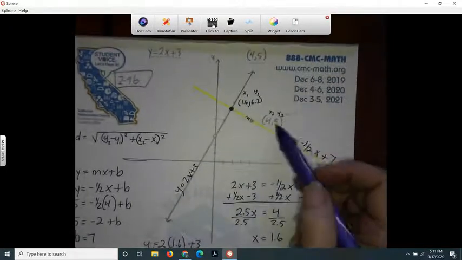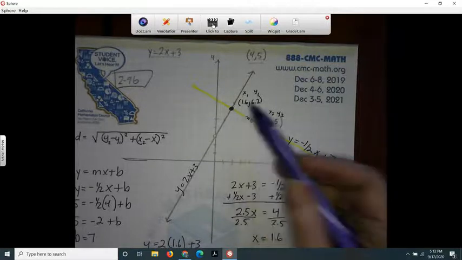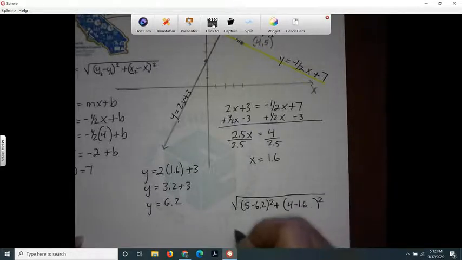So x2 is 4, and x1 is 1.6. And then I can just do all this math.